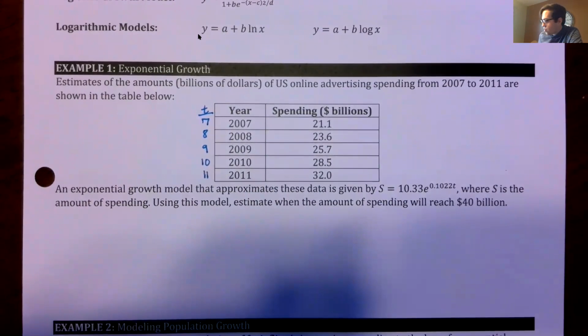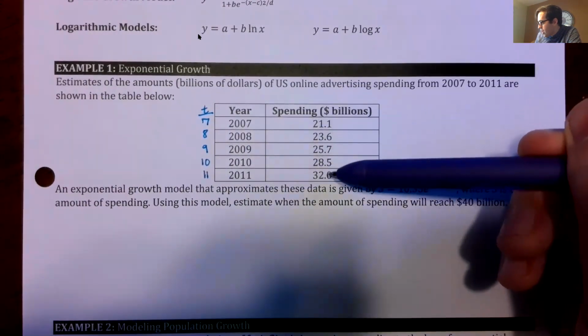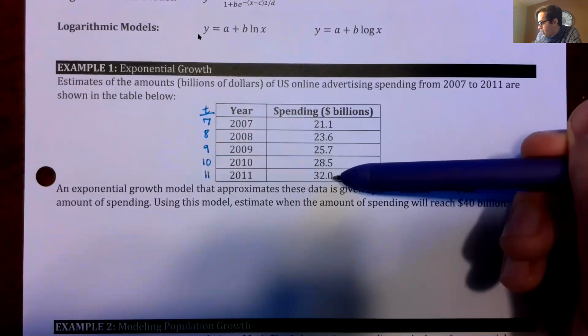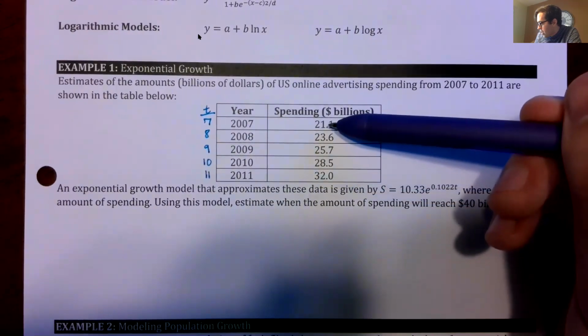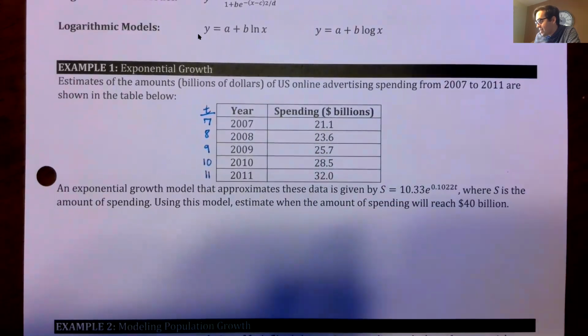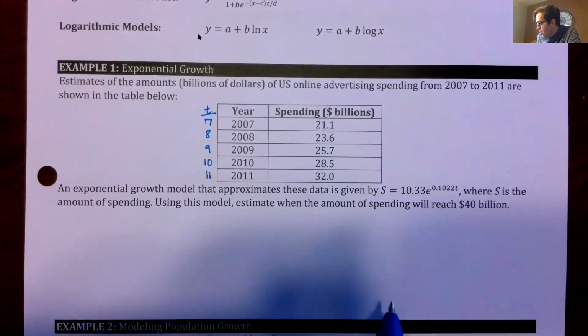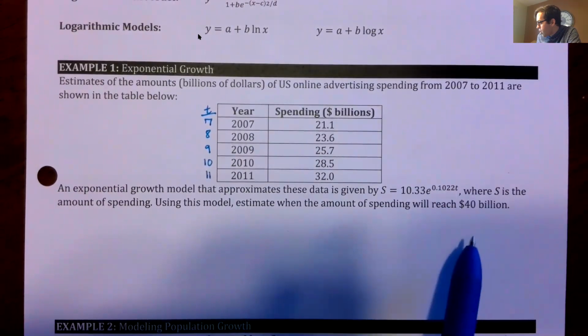All right, so you can see that the amount of spending is clearly increasing over time. And you can see also that it's increasing quicker over time, which lends itself to an exponential growth model. So if this fits the data, we're supposed to estimate when the amount of spending will reach $40 billion.